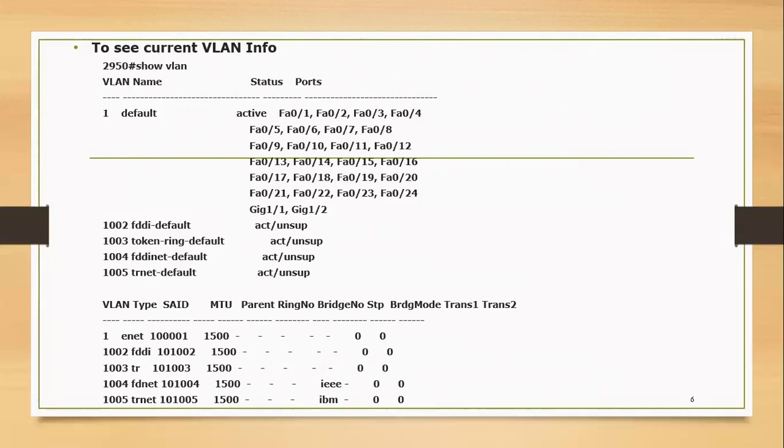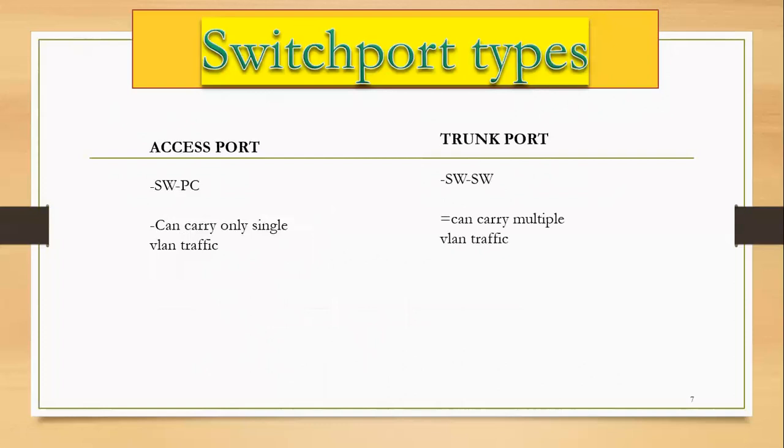All the ports of the switch by default are in VLAN 1, which is the single broadcast domain of the switch. And there are some predefined VLANs, that is 1002, 3, 4, and 5. These are some predefined VLAN numbers. So other than this, from 2 to 1001 in the normal range, we can use for creating VLANs.